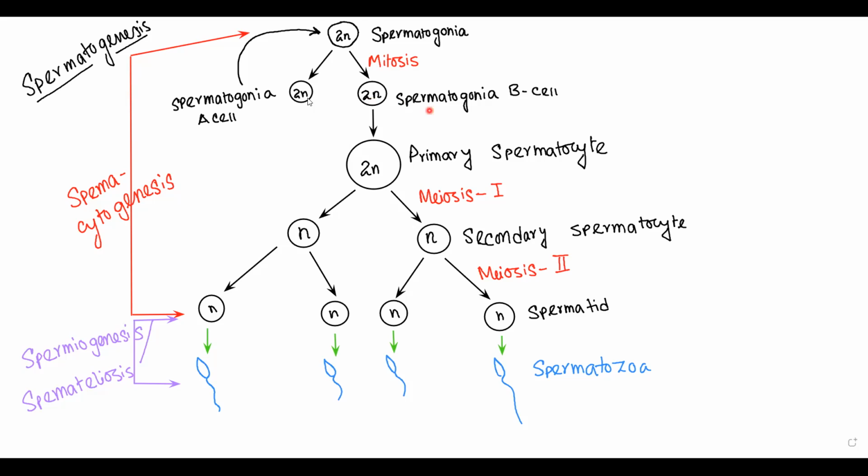Spermatogonia A cell continues as a mother cell, and spermatogonia B cell accumulates the nutrient from the surrounding. Thereby they develop into primary spermatocytes.